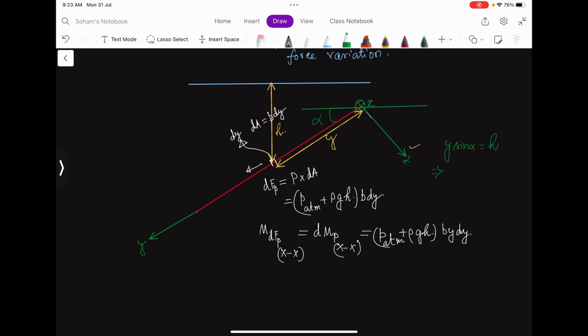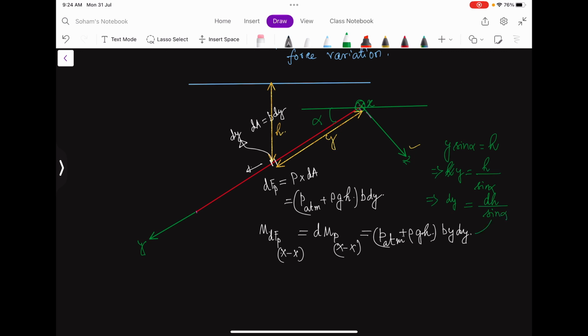That means I can replace the h by y sine alpha. Or let me replace this y by h by sine alpha, and that means this dy is dh by sine alpha.